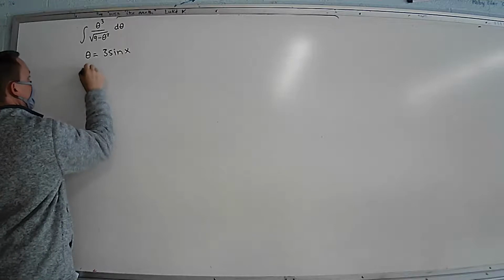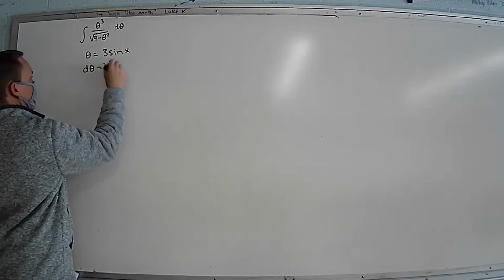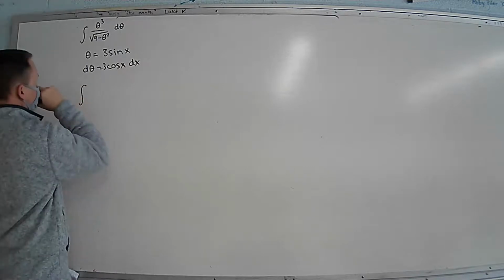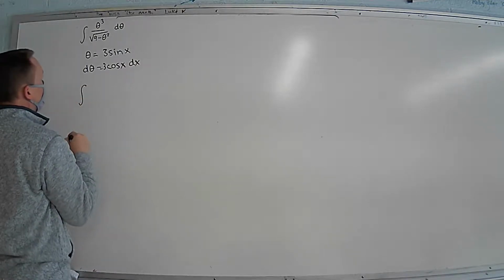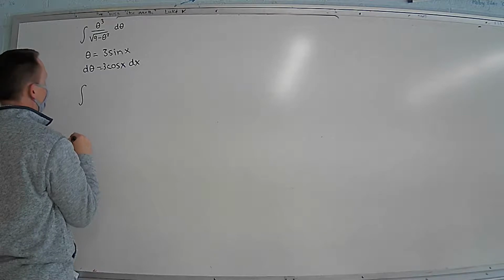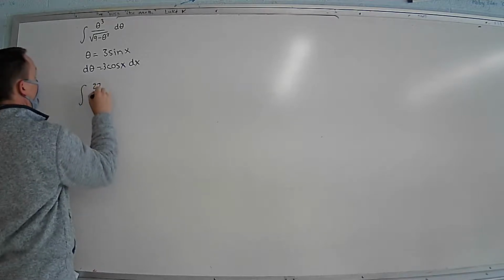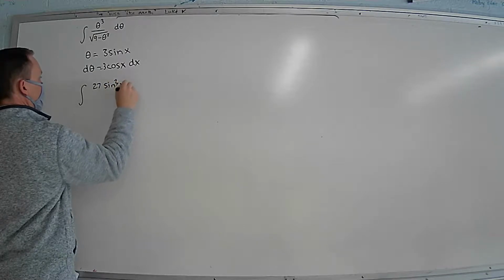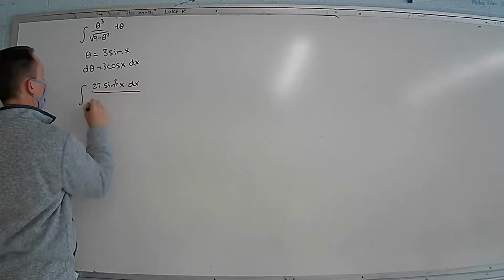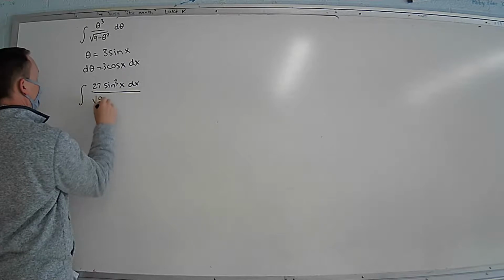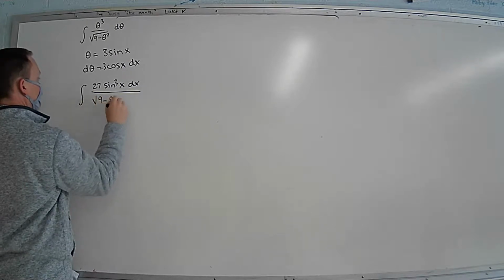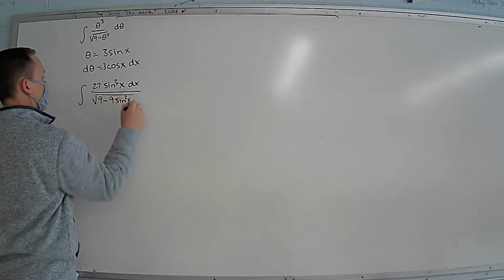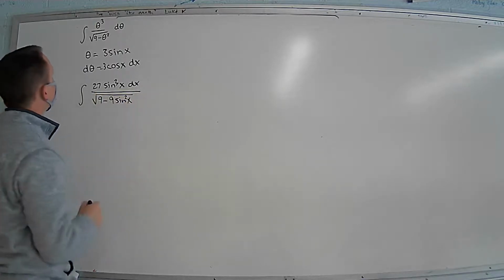So what's d theta? 3 cosine of x dx. So theta cubed is going to be 27 sine cubed x dx over the square root of 9 minus 9 sine squared.